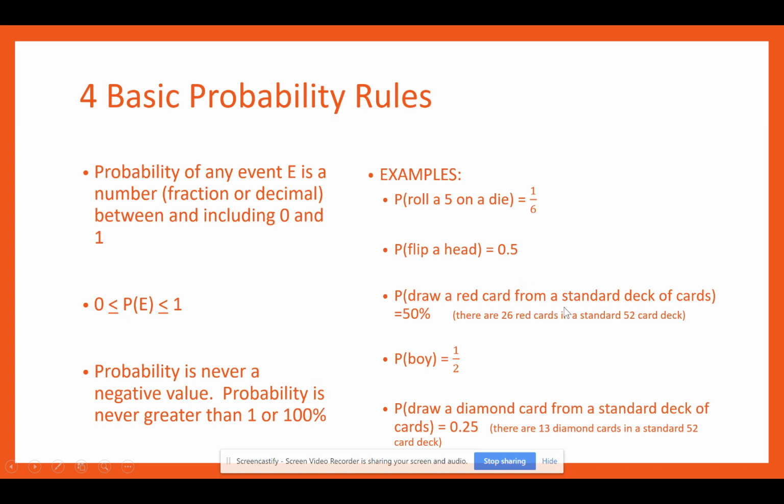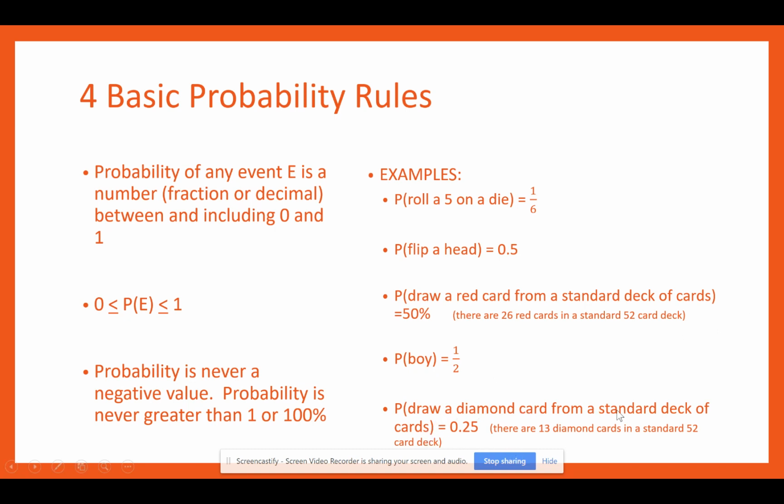Drawing a red card from a standard deck of cards. Hopefully you know that a standard deck is 52 cards. Half of them are red, so that's a 50% chance. The probability that someone has a boy if they're having a baby is 1 out of 2, because genetically or biologically you can either have a boy or a girl, so there are 2 things that can happen. There's one way to have a boy.